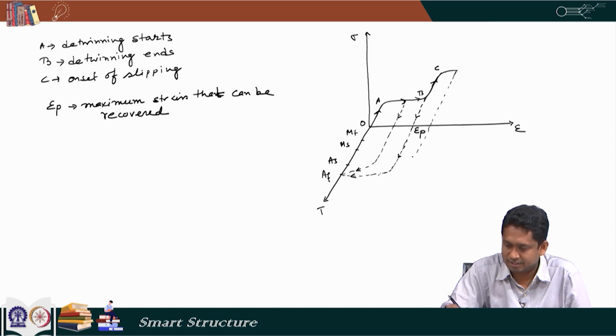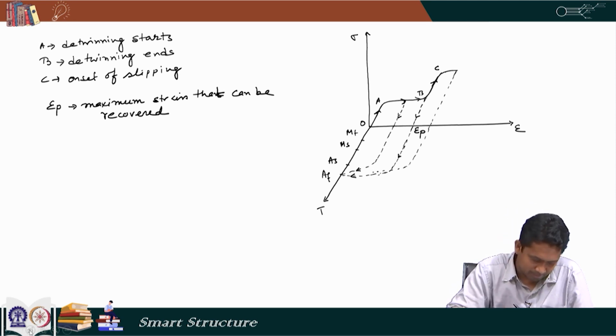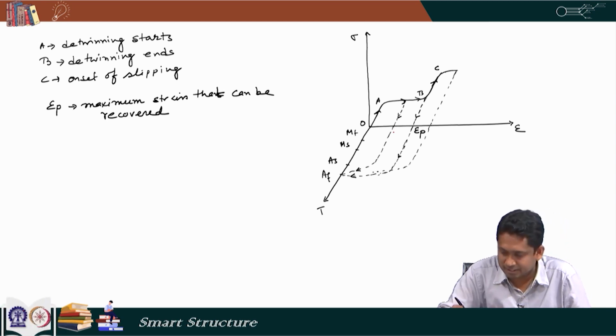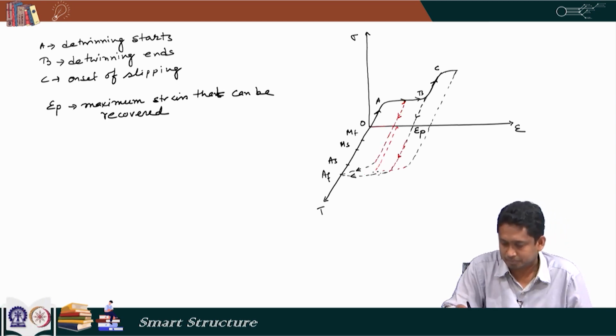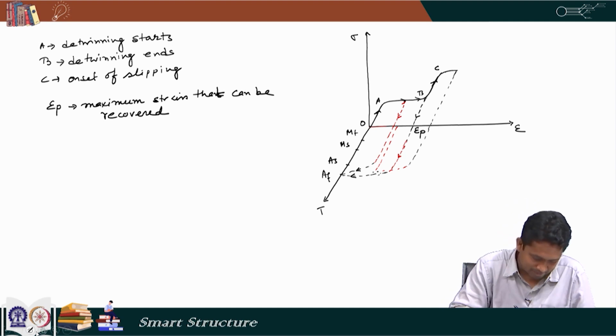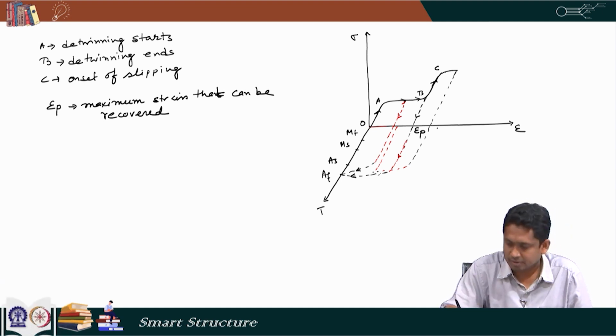So, if I increase the temperature, after AS some transformation takes place, but it does not go back to where it started. If I show it by a different color, it goes back to somewhere here. Now, this is the amount of strain shown here that cannot be recovered, and let us call that maybe epsilon pu. So, epsilon pu cannot be recovered fully.